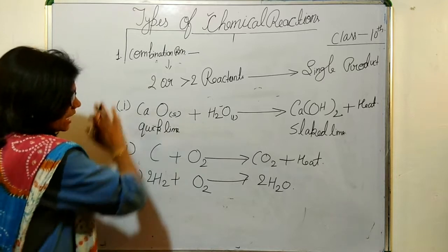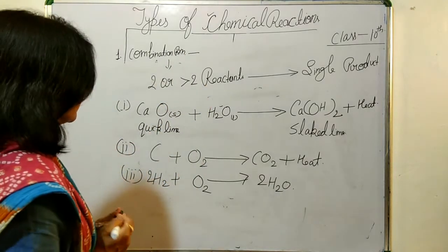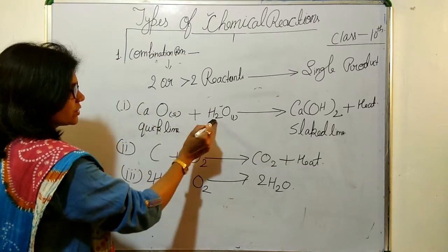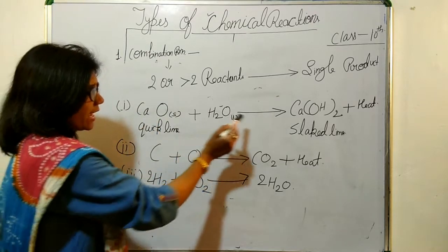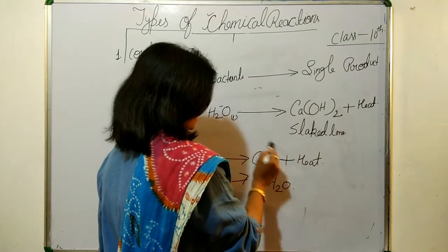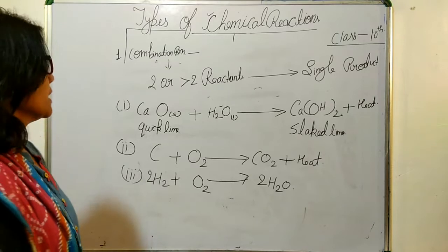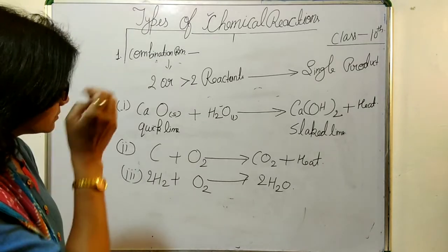So this is what we can observe here. The reactants are usually more than one. Here it is 2, and here it is also 2, and it forms only one product. So these are combination reactions.